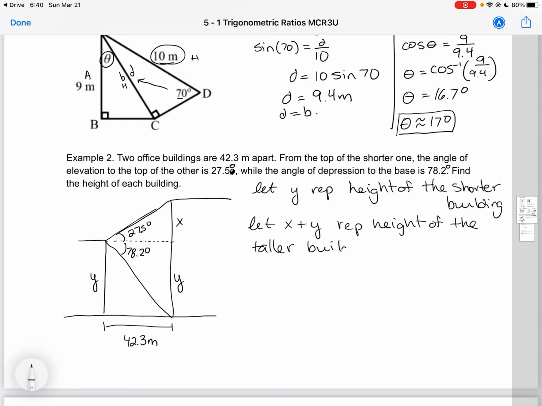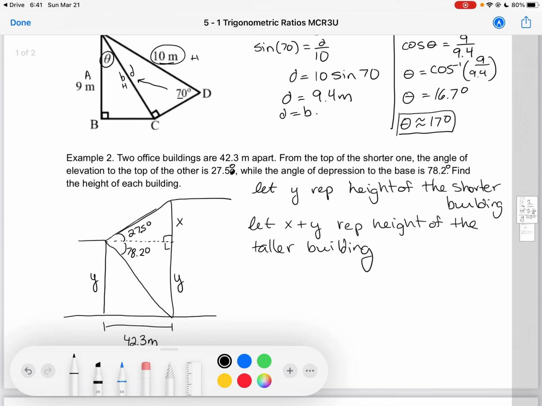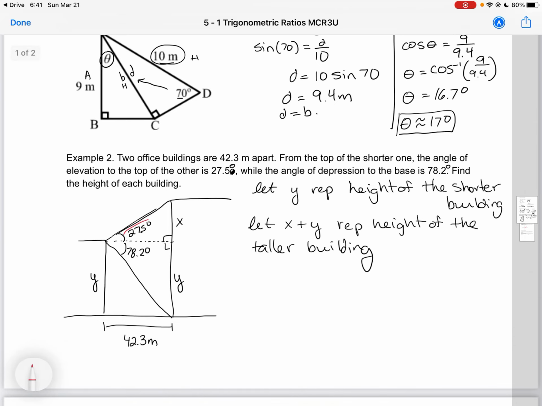So the first thing that I'm going to do is figure out, well, it doesn't really matter. I'm going to start with x because that's at the top of my triangle. And what I'm going to use to figure out x is this angle and this triangle right up here.